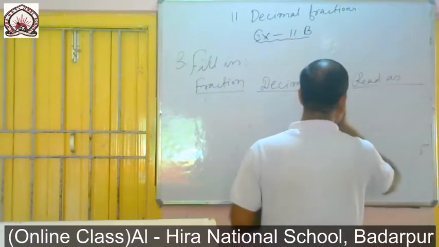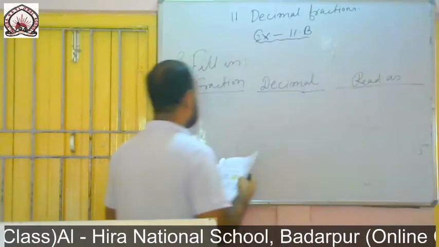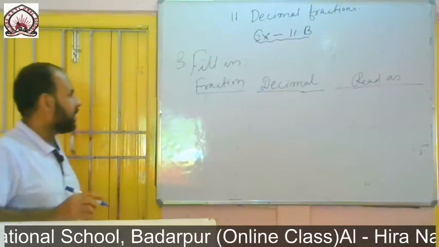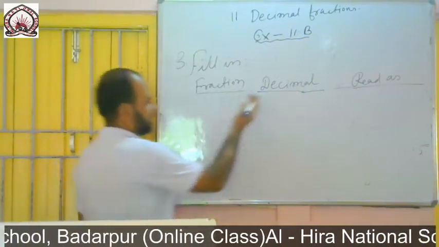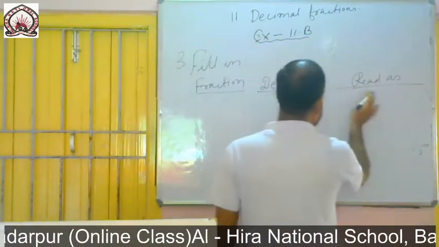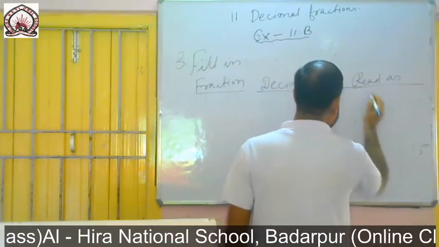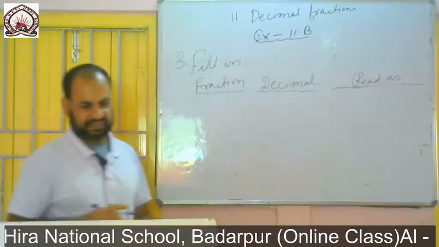First we write the common fraction, then the decimal fraction. Read as means how to read; how we read the decimal fractions.